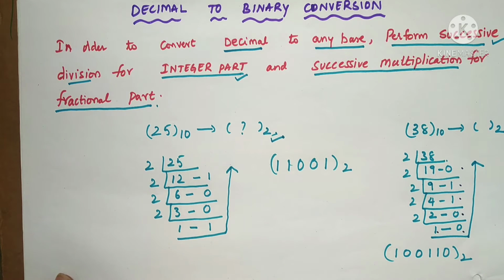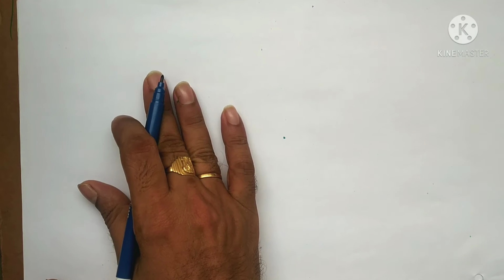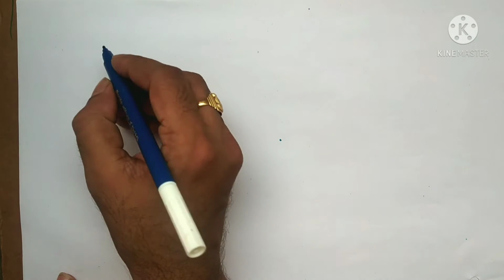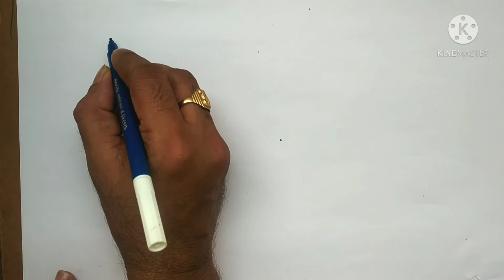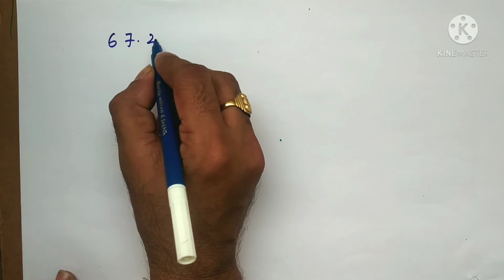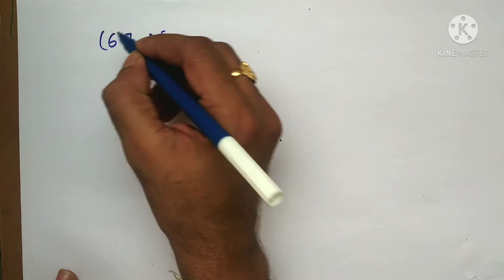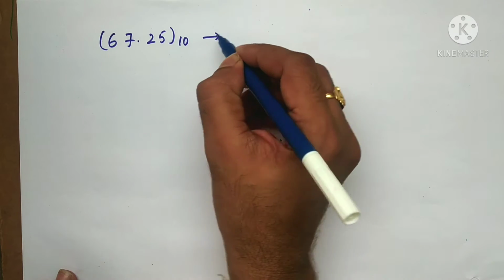Right? So let us take another problem: 67.25. Let us take this one. We have to convert this decimal number into base 2.